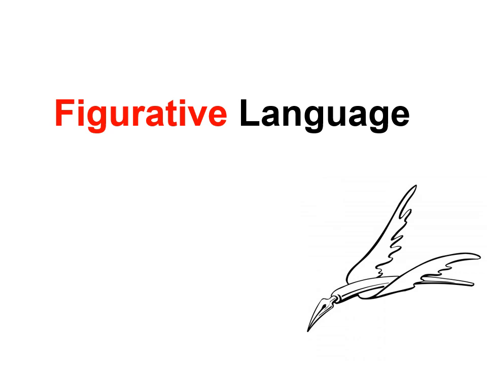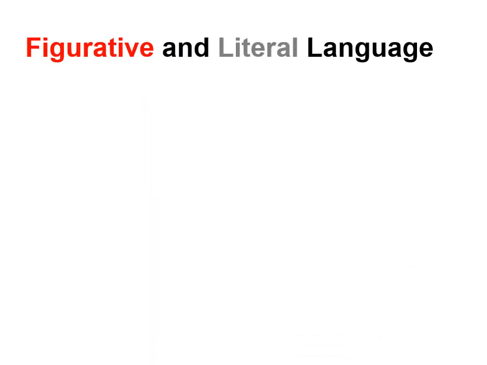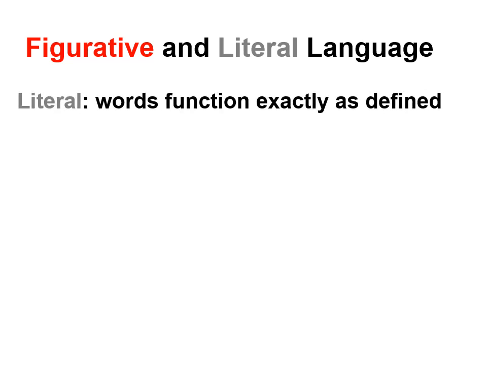Let's jump right in. Figuring it out, figurative language. Now, to start, we need to distinguish between figurative language and literal language. Literal means words that function or work exactly as defined, right?